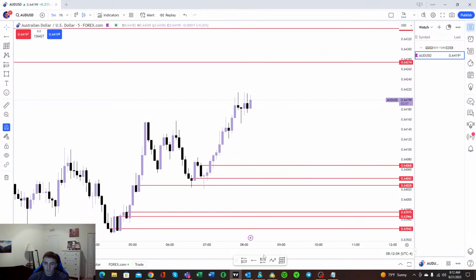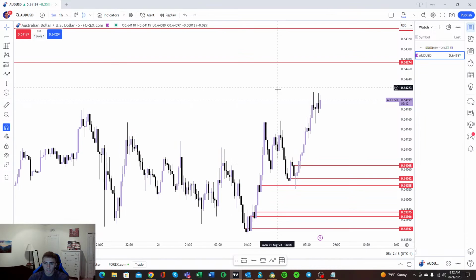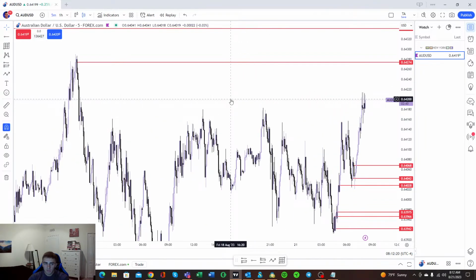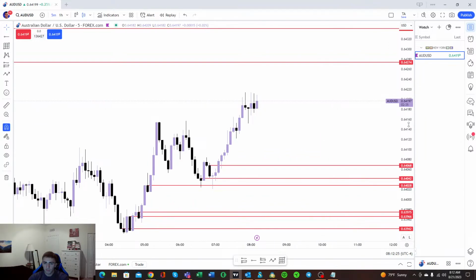Honestly, I see it building up some liquidity right here. So it's possible for it to just break, touch, and then make a move down, because I think a lot of retail traders are probably selling in here. But I do not see any real zone, at least on the 5-minute, for people to be selling.